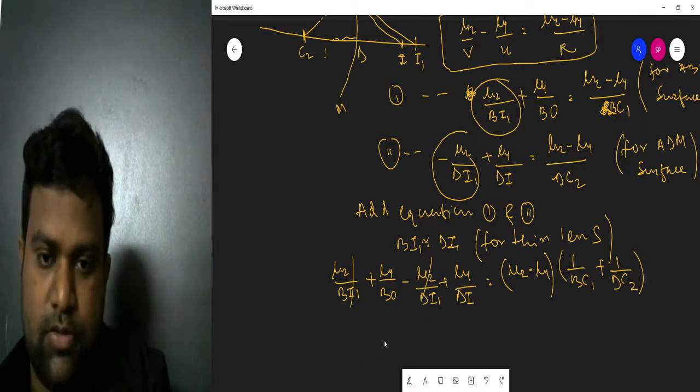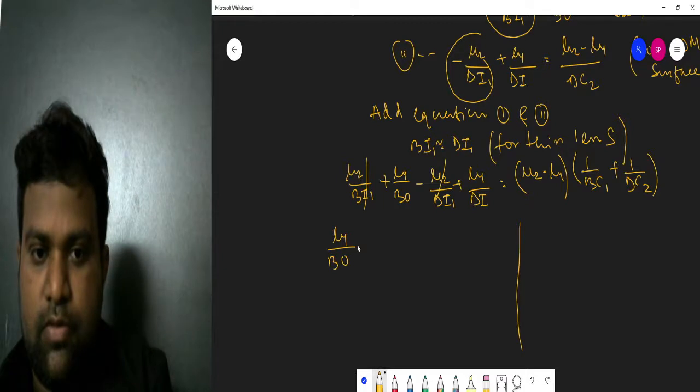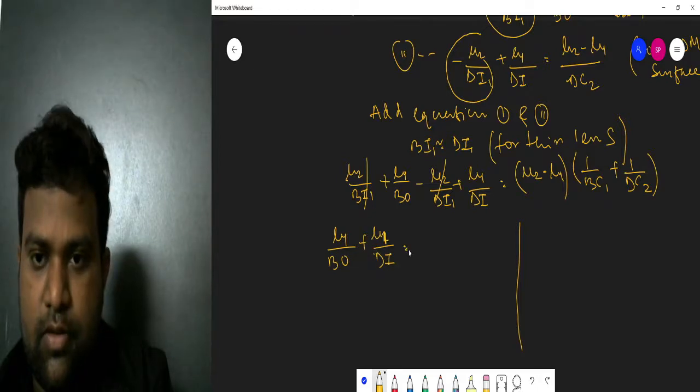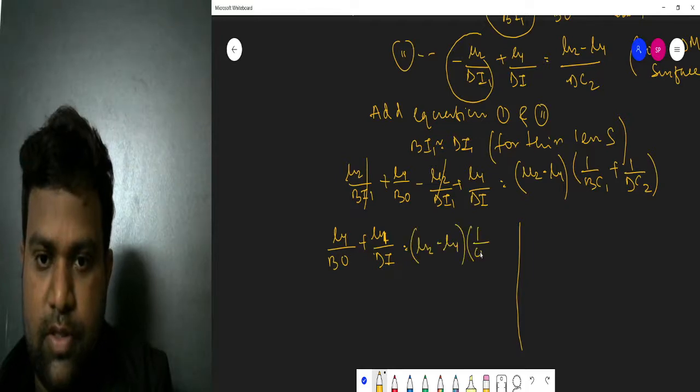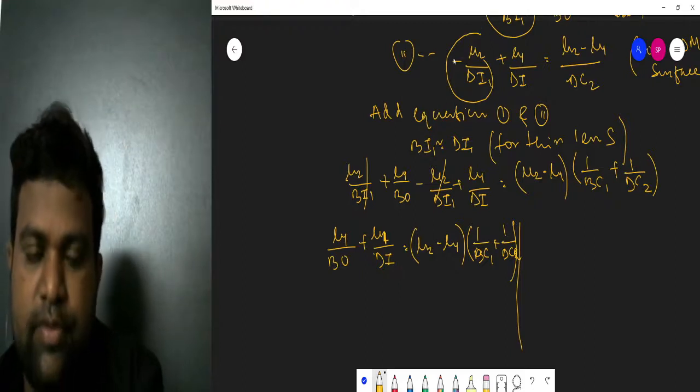So what we are getting: mu 1 by BO plus mu 1 by DI equal to mu 2 minus mu 1 times 1 upon BC1 plus 1 upon DC2. Okay, now the important thing is that here we have used a negative sign.